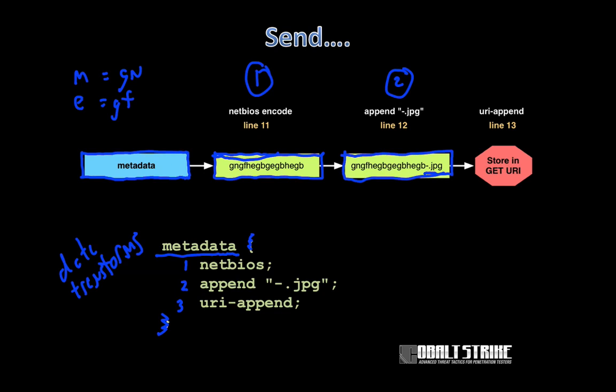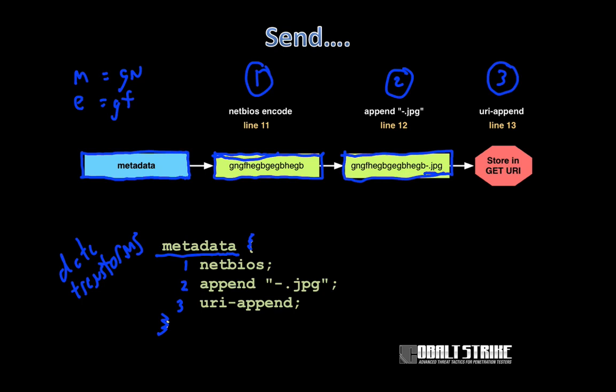The final step is URI append, and in the data transform language, that is called a termination statement. What it does is describe where to store the metadata in our HTTP transaction. Different types of termination statements are available in different contexts.